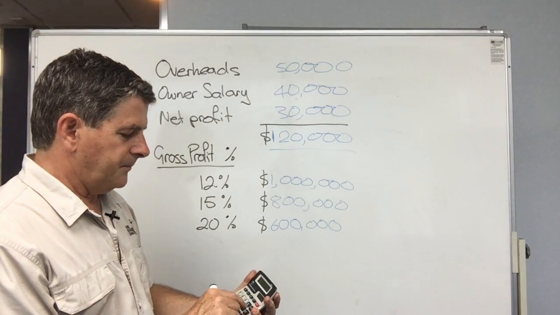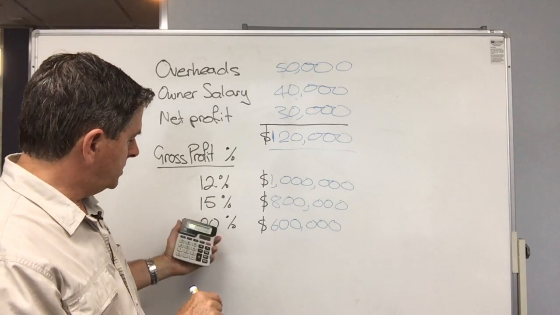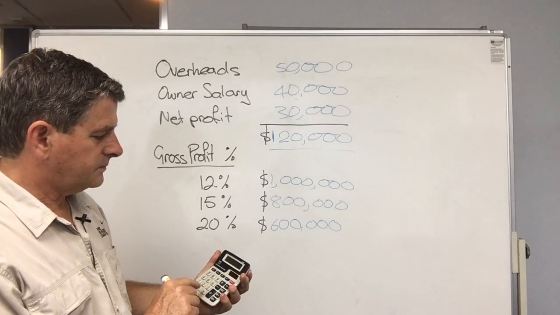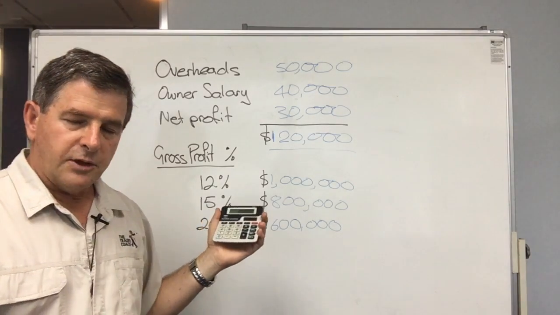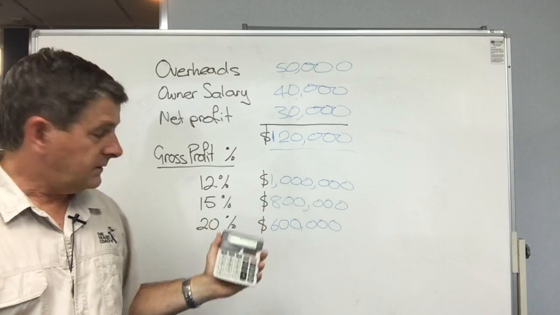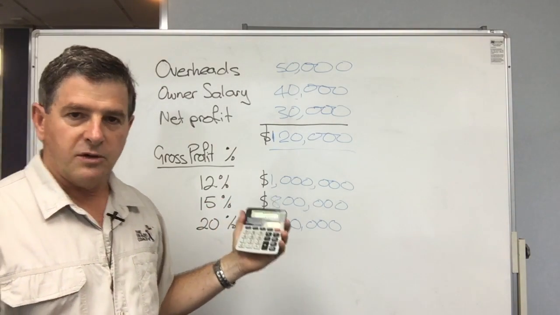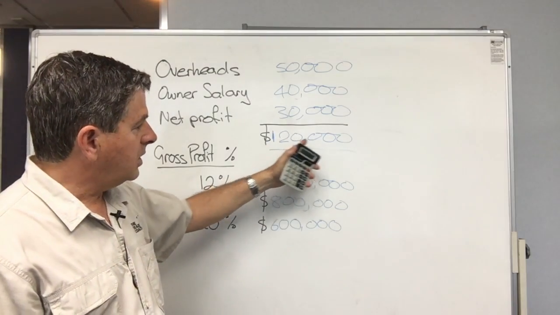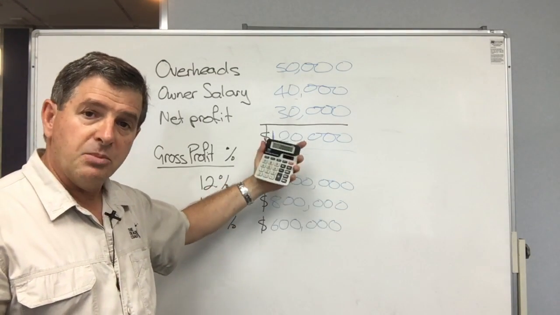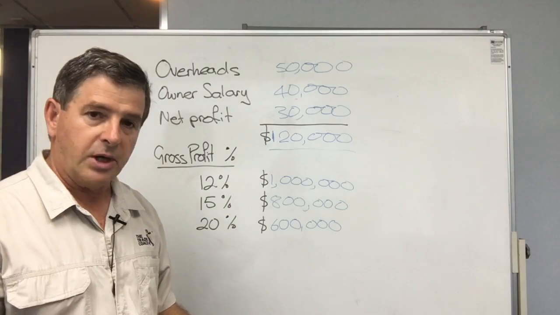Yep, times 0.2. So the gross profit at that level means on $1 million worth of work at 20%, you're earning $200,000 worth of gross profit. So way more than that, and all that extra money is going into your pocket.